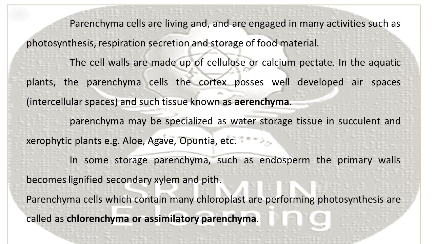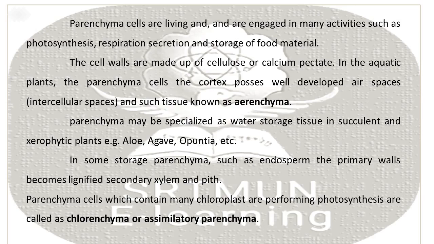Parenchyma may be specialized as water storage tissue in succulent and xerophytic plants, for example aloe vera, agave, opuntia, etc. In some storage parenchyma such as endosperm, the primary walls become lignified, as in secondary xylem and pith.